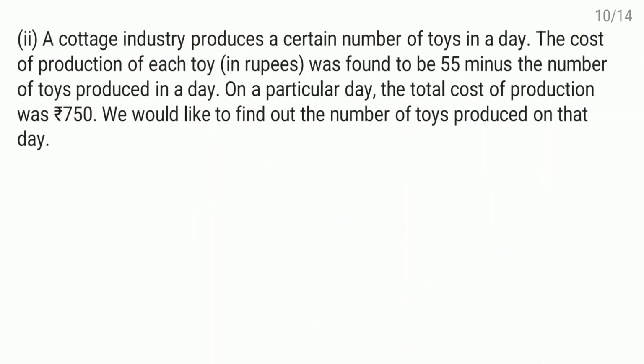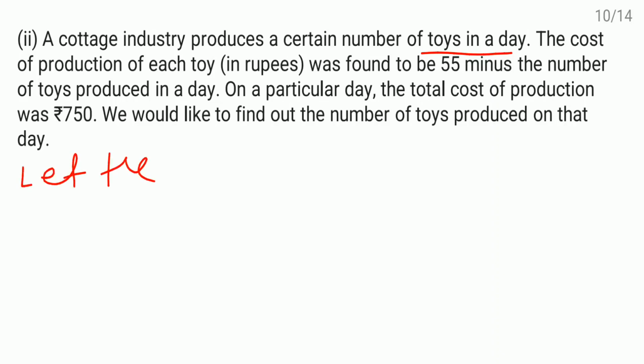They are saying a cottage industry produces a certain number of toys in a day. So how many toys they are producing, that we don't know. So we'll consider them as X, right? So let the number of toys produced in a day be X. Let me write down this one here.